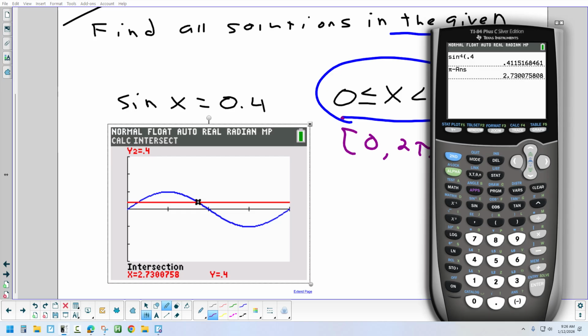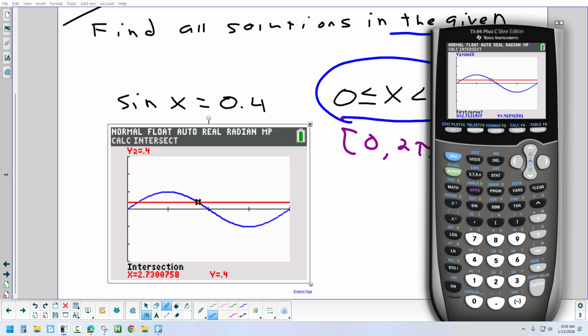Okay. Took a lot longer to do it graphically. I had to type it in, set a window, do an intersect. Took a lot longer. All right. Now, let's do the same thing again. But how do I get the second one? Or in our case, the one on the left. How can I make sure the calculator gives me that one?